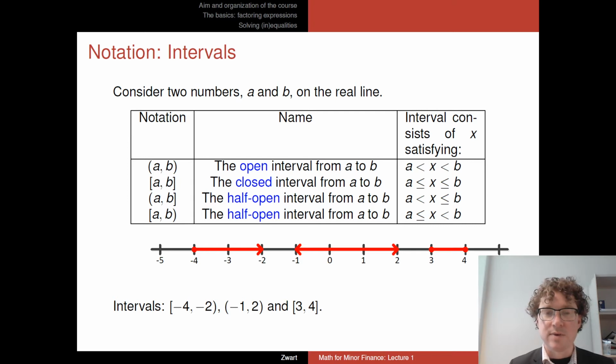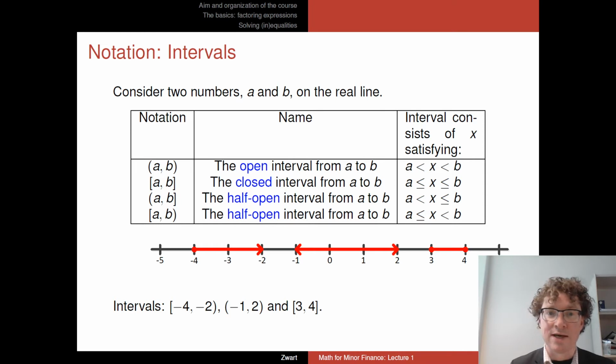An interval is basically a section of the number line, part of the number line. So what we want to distinguish is an interval of all the numbers between A and B, where A and B themselves, the endpoints, are not part of the interval.